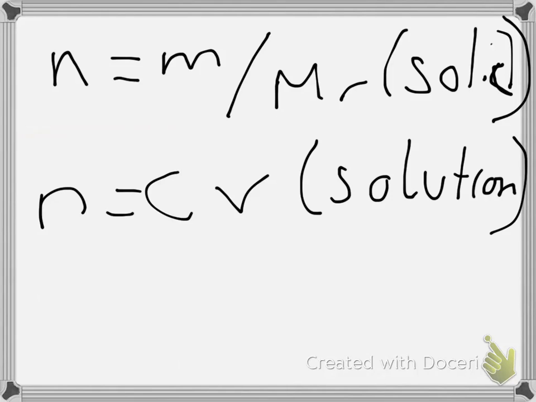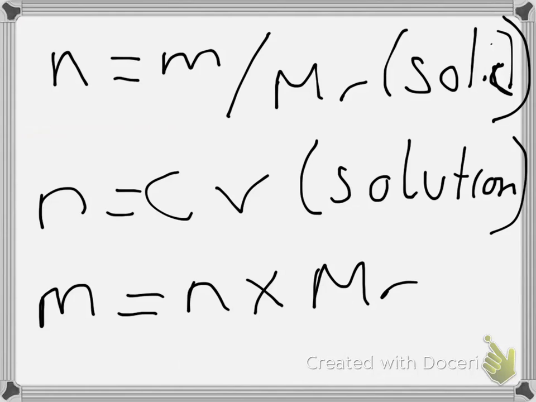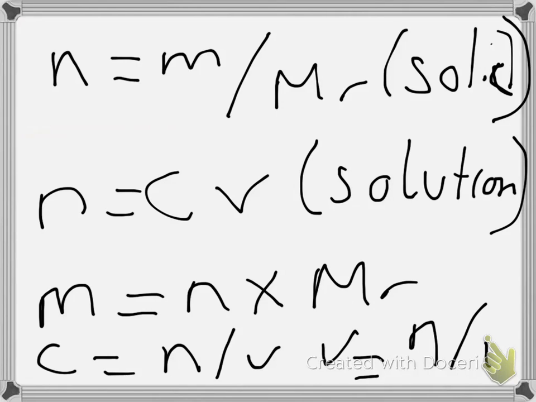I can rearrange these equations to work out my mass. So my mass is equal to my number of moles times Mr. I can rearrange the second equation to work out the concentration, which would be my number of moles divided by volume. I can also use it to work out my volume, which would be the number of moles divided by the concentration.